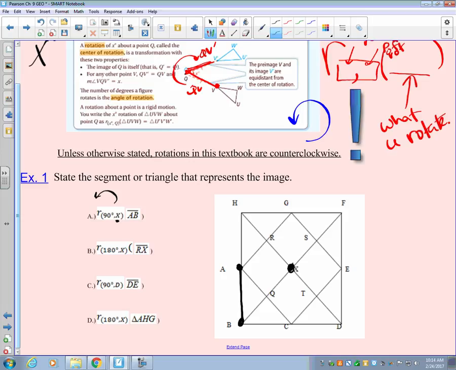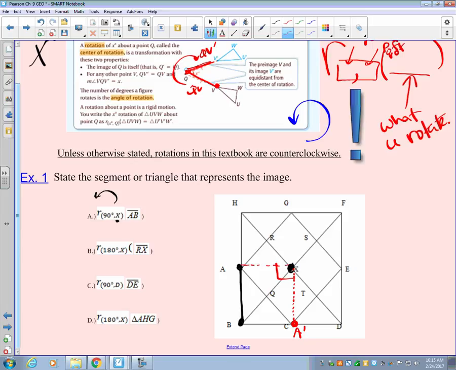What I like to do is draw kind of a dashed line from our rotation point to our A, and then I'm going to go 90 degrees. 90 degrees from X to A will go X to C. So I'm going to put a dot right next to C, and call it A prime.